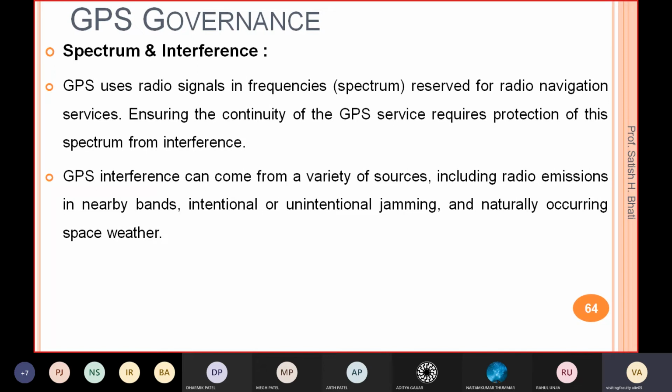So at that place your mobile will not work. So this kind of frequency jammer can be intentional or it can be unintentional, so that can create the interference. And naturally occurring space weather, right? Because of the space weather also, interference can happen.